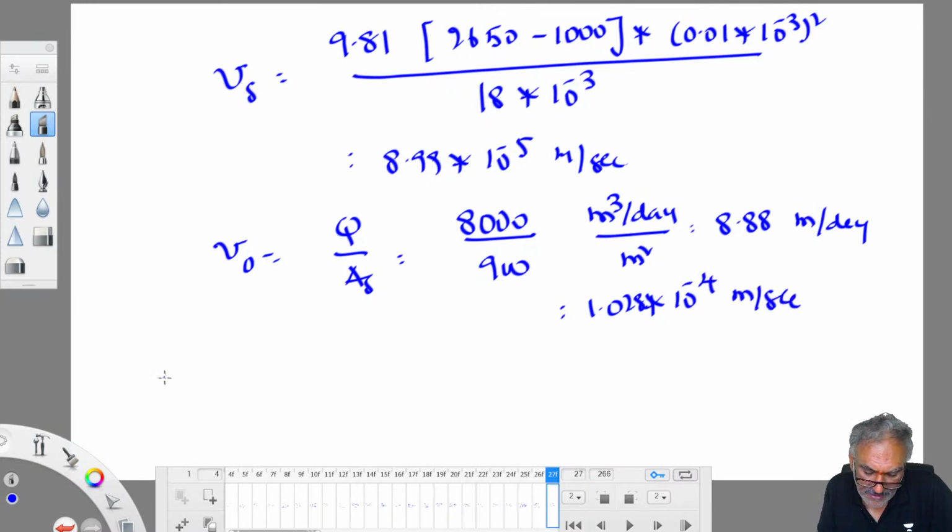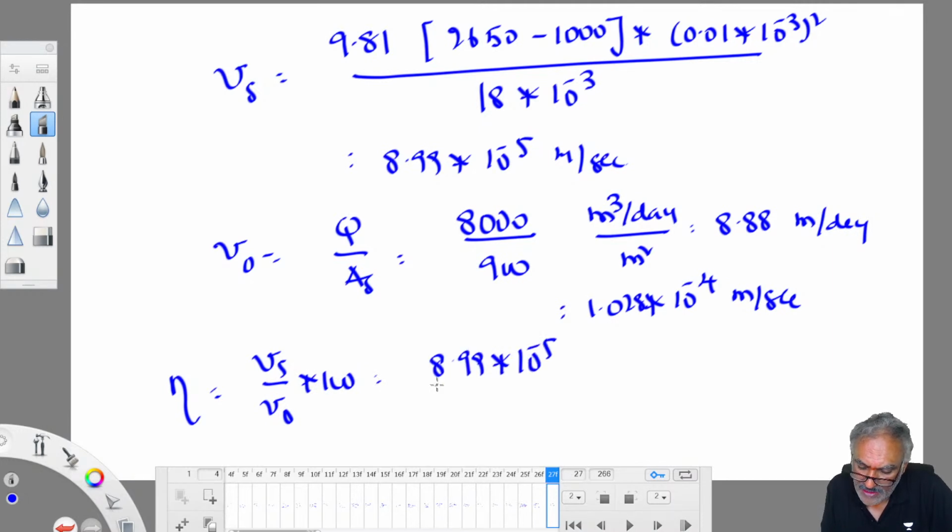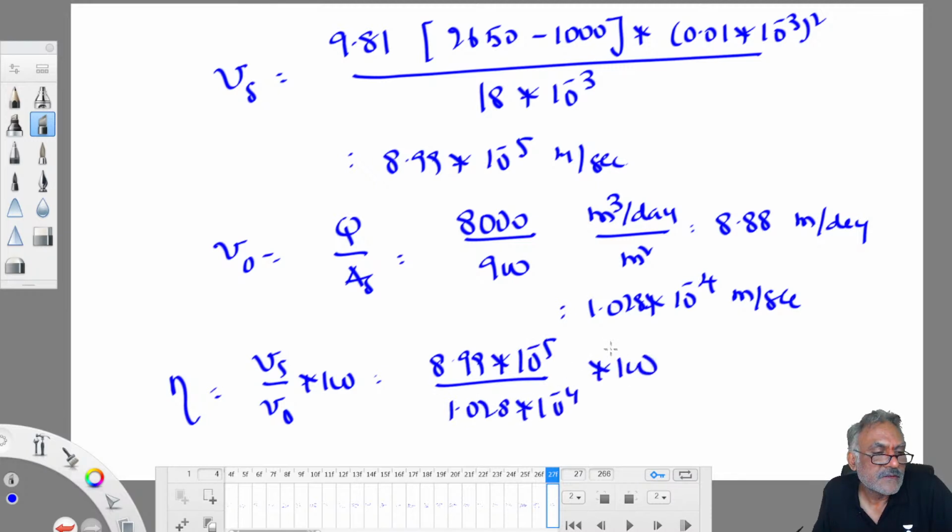Okay? Then percentage removal is efficiency, settling velocity of the particle by V naught into 100. So it is 8.99 into 10 power minus 5 by 1.028 into 10 power minus 4 into 100. I got 87.45.